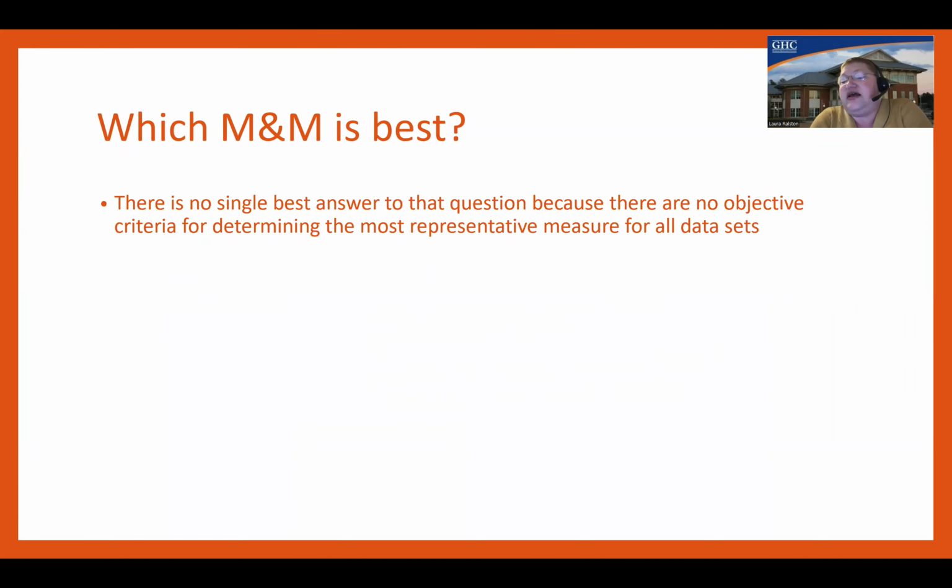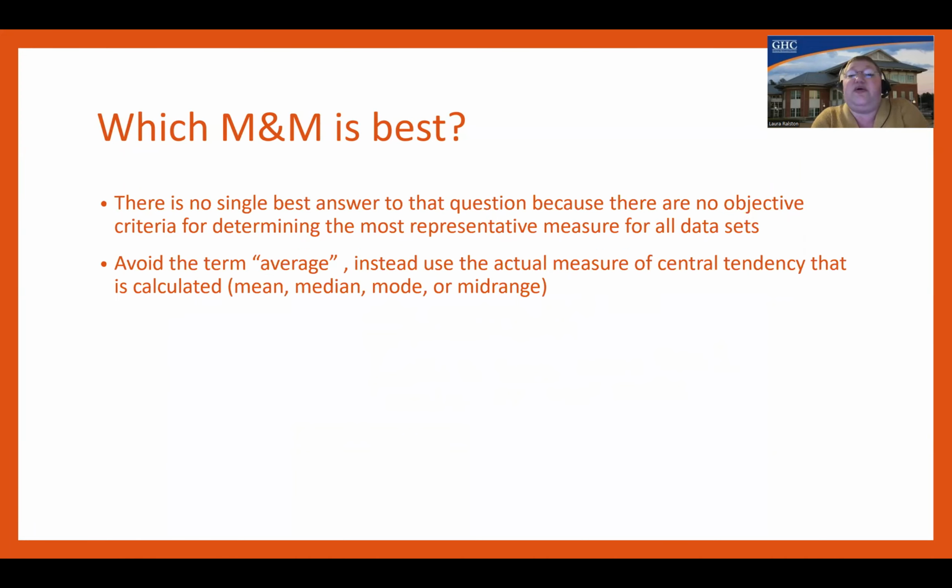Again, there are some guidelines you can use because, for example, if you have outliers in the data set, remember outliers can affect the mean. So maybe if I have a lot of outliers, I want to consider using the median instead. If I'm dealing with qualitative data, my only option is to use the mode.